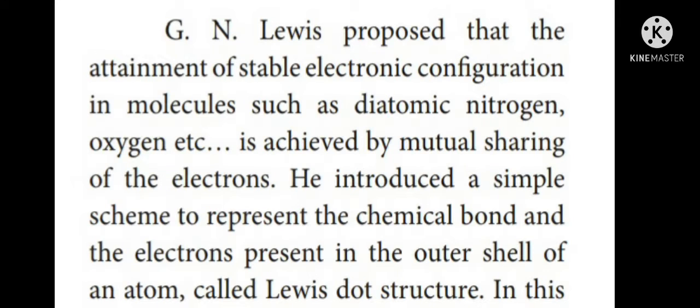Next, the scientist G.N. Lewis proposed that the attainment of stable electronic configuration in molecules such as diatomic nitrogen, oxygen, etc. is achieved by mutual sharing of electrons. If a bond is formed due to mutual sharing of electrons, then it is said to be a covalent bond. In order to represent the chemical bond and the electrons present in the outer shell of an atom, Lewis introduced a simple structure called Lewis dot structure.